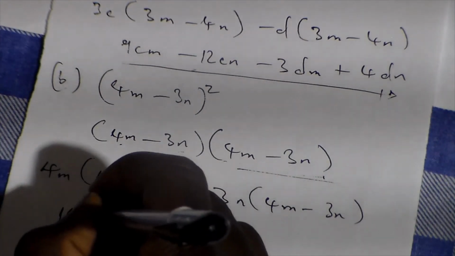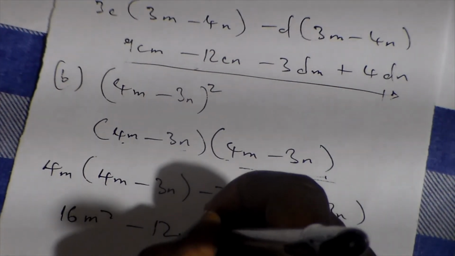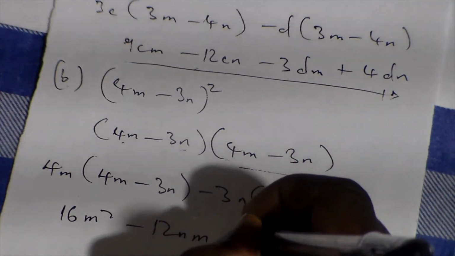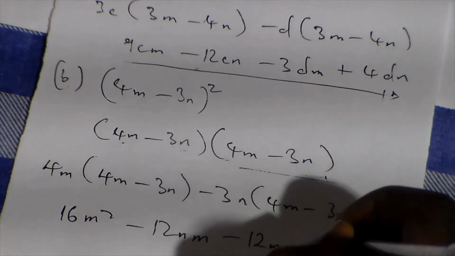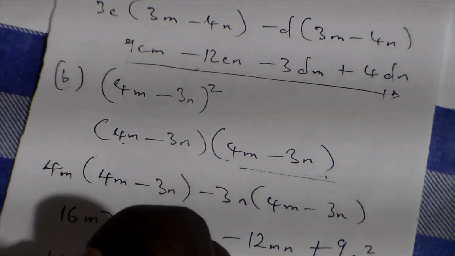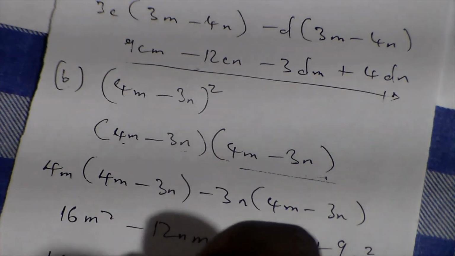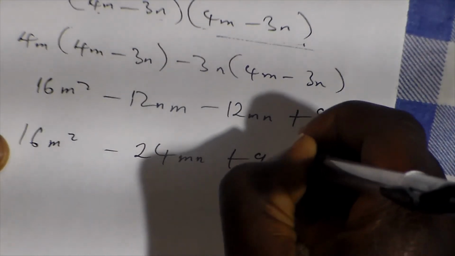So here we'll get 16m squared minus 12nm minus 12mn plus 9n squared. So 16m squared minus 24mn plus 9n squared.